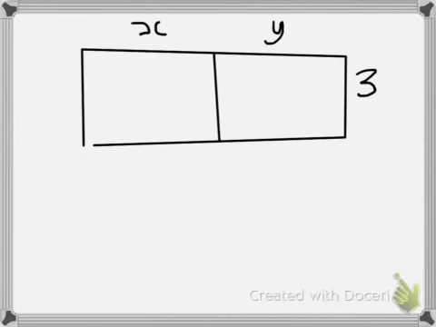Now, similarly to area or multiplication of the length and the width, you can have two areas that are added together, just like a compound shape. So you have 3 times the x, which gives you 3x, and 3 times the y, which gives you 3y.